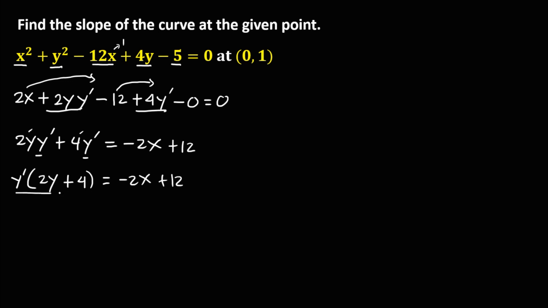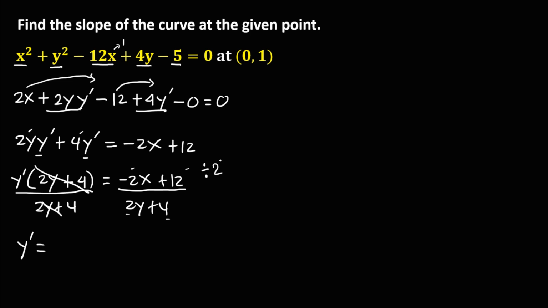Then to solve for y prime, divide both sides by 2y plus 4, then cancel. So y prime equals, and observe that 2, 12, 2, and 4 are all divisible by 2, so we just need to reduce.